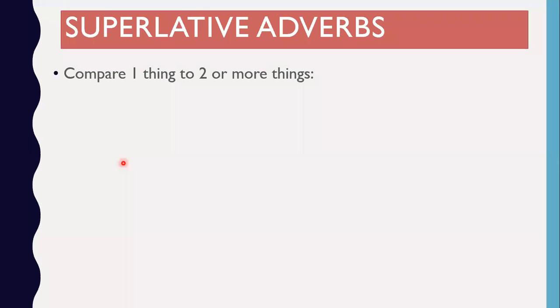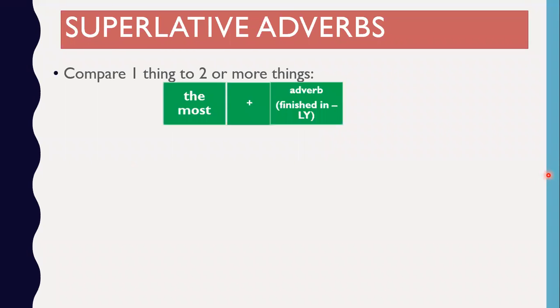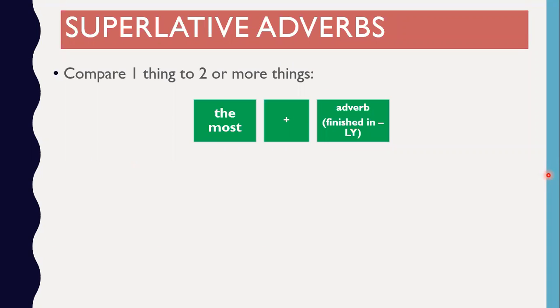Now let's get to the superlative adverbs now. Comparing one to two or more things. Jadi prinsipnya sama dengan adjective, superlative adjective sama superlative adverb ya. Nah, kalau tadi kan pakai more, pakainya the most.